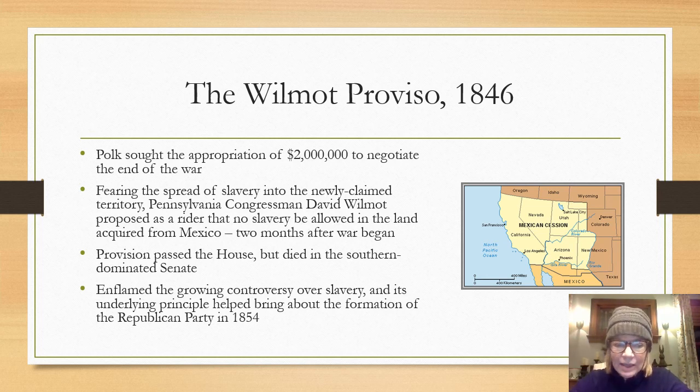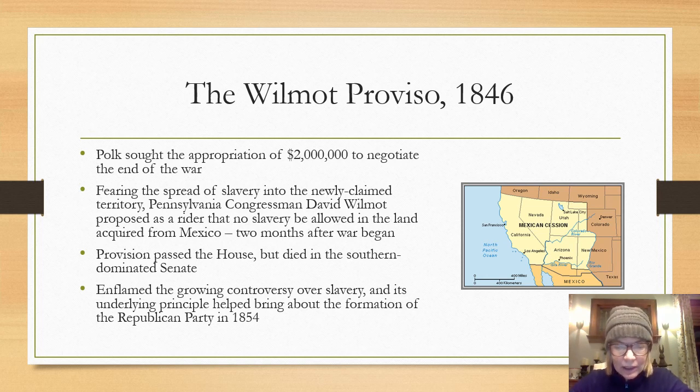Now, the provision passed the House, but in the Senate, where the South dominated, they had more people there who were sensitive to the needs of the South, they didn't go along with it, right?